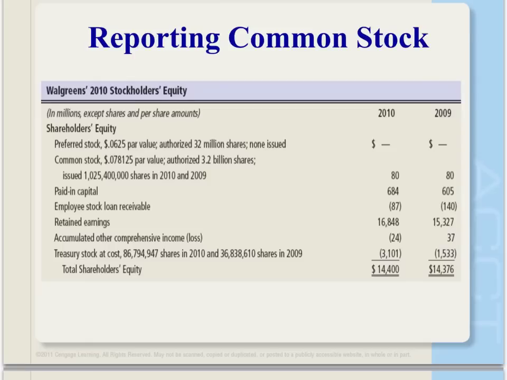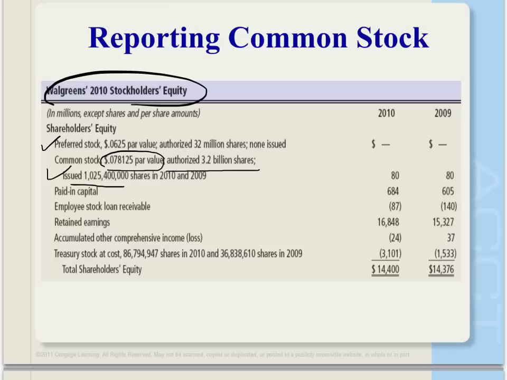Now let's take a look at what the reporting looks like. This is our new stockholders' equity section. You'll see that we have something called preferred stock, which we'll talk about. Here's the common stock, and here's the par value for Walgreens. It authorized 3.2 billion shares.